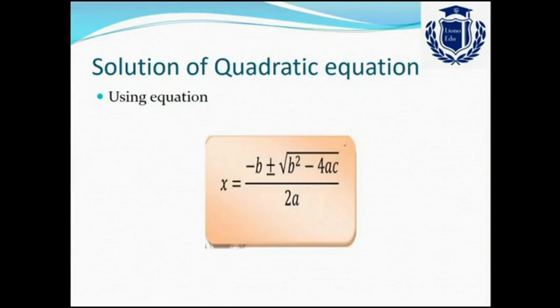Now, let us see how to find the solution of a quadratic equation. The first method among these is using the formula. By using this given formula, x is equal to minus b plus or minus root of b square minus 4ac, whole divided by 2a, we can find the value of x.